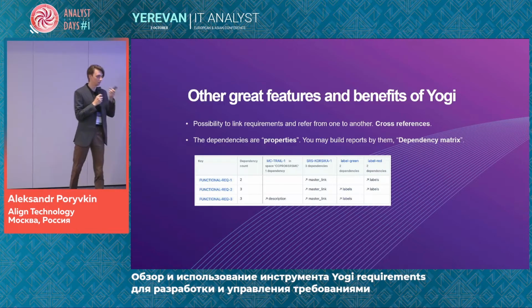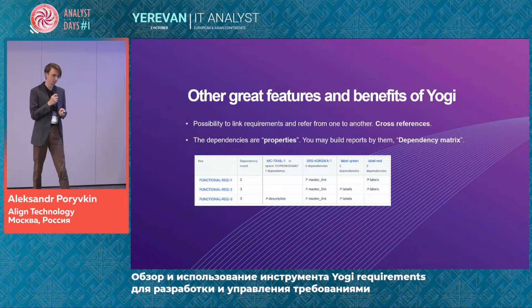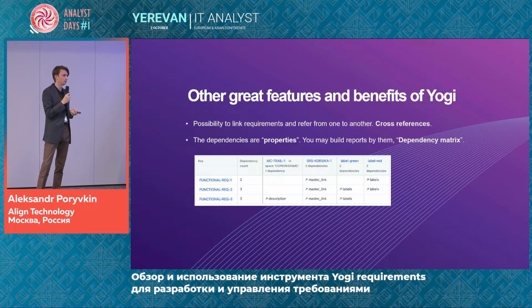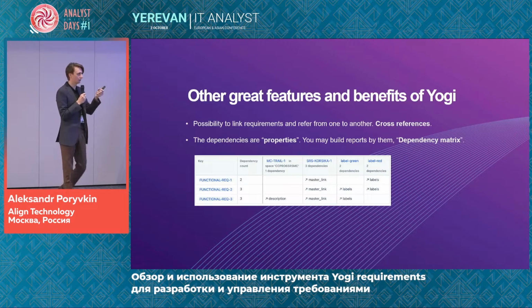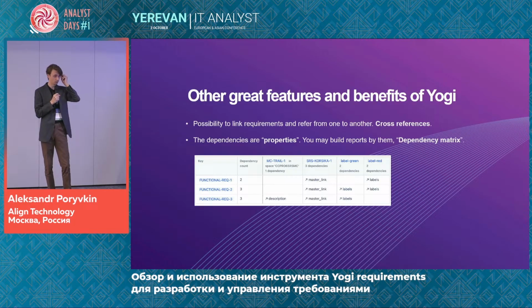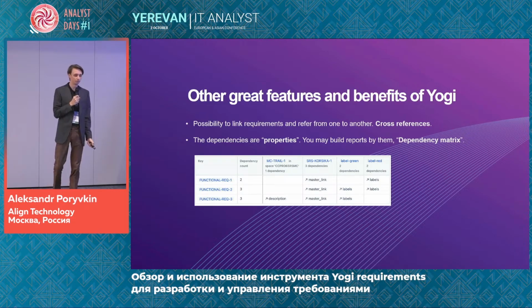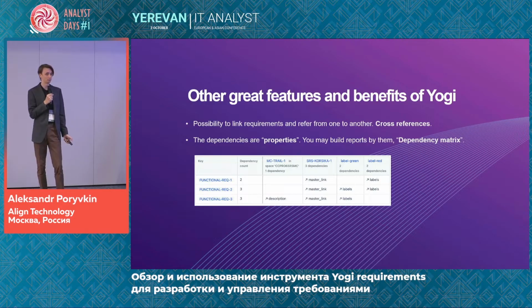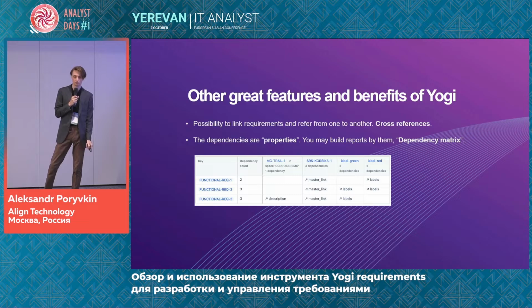I've covered the main part of my presentation, but it's worth noting a couple of other neat features of this plugin. Possibility to link requirements and refer from one to another. I've covered that. On the pro side here, if you want to track influences between requirements, this is a must-have tool.